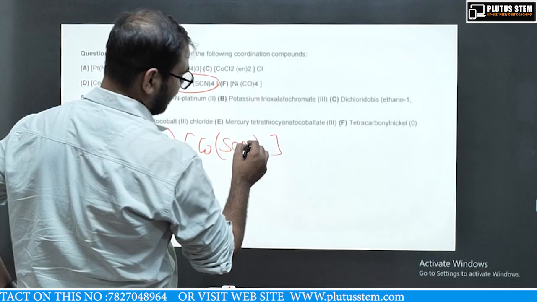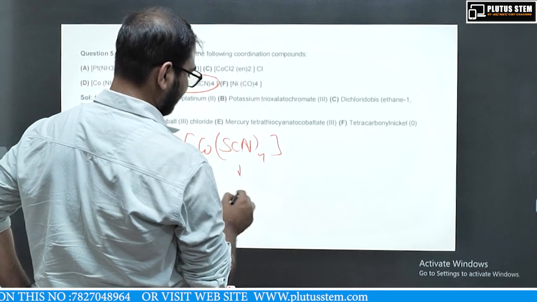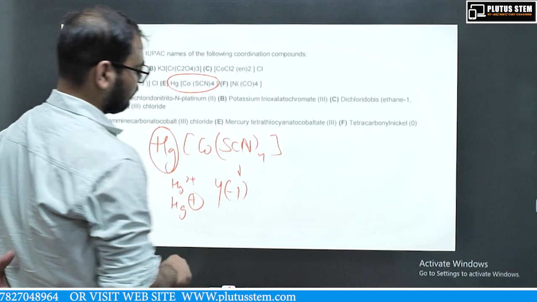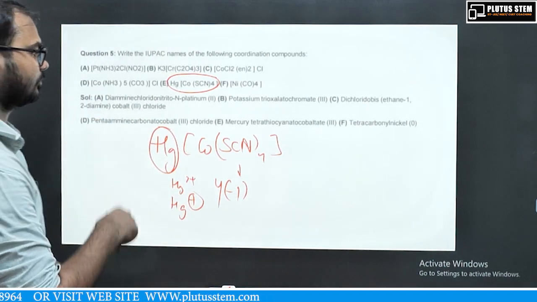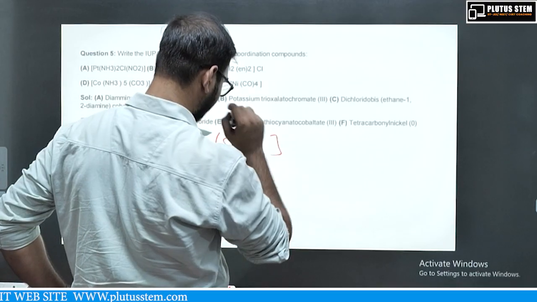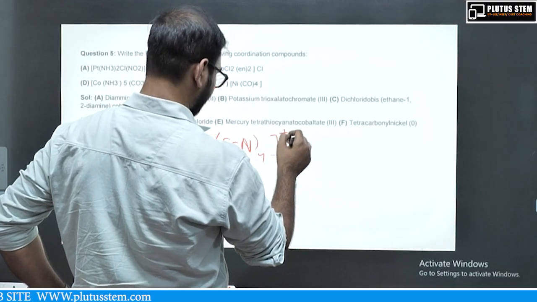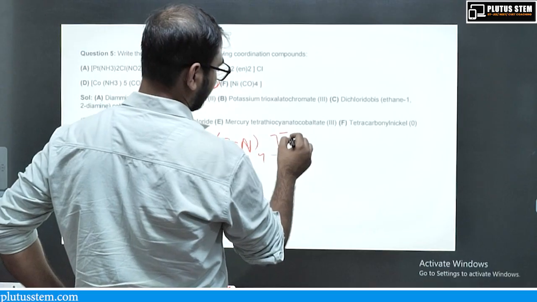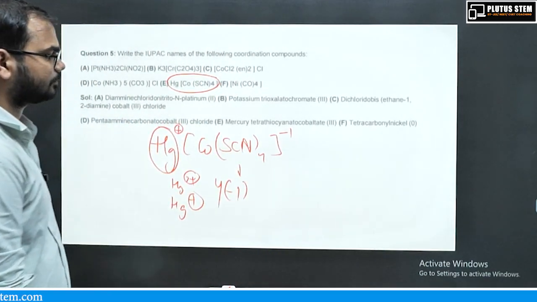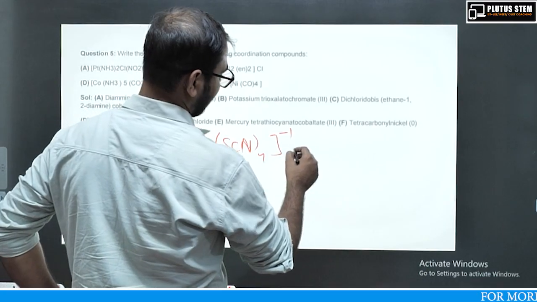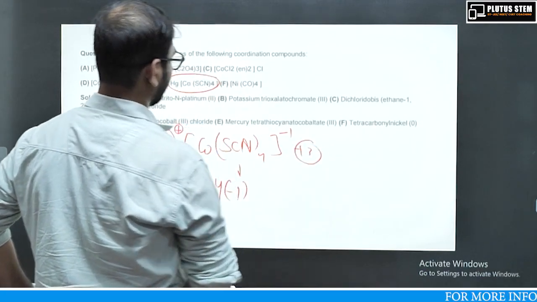Here, SCN is a negatively charged ligand, carrying minus 1 charge. There are a total of 4 on this side, and since the counter ion is positively charged, definitely there will be a negative charge on the complex. Solving, minus 4 moves to the other side, giving you plus 3 oxidation state.